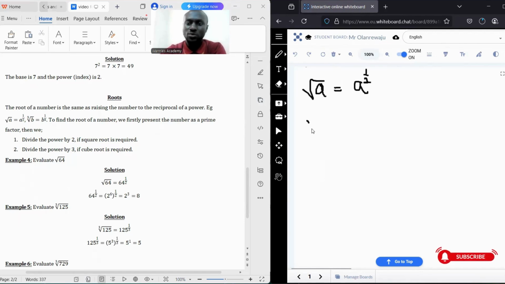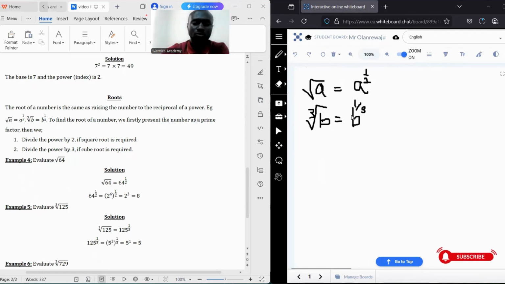And also, cube root of b we can rewrite as b raised to the power 1 over 3.